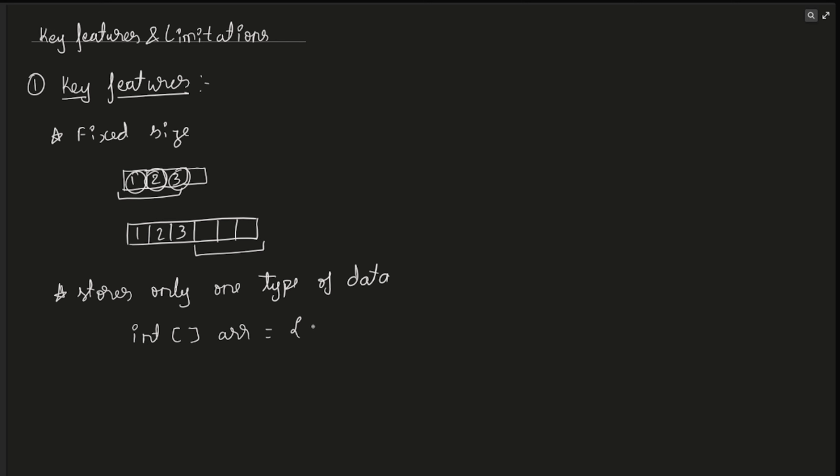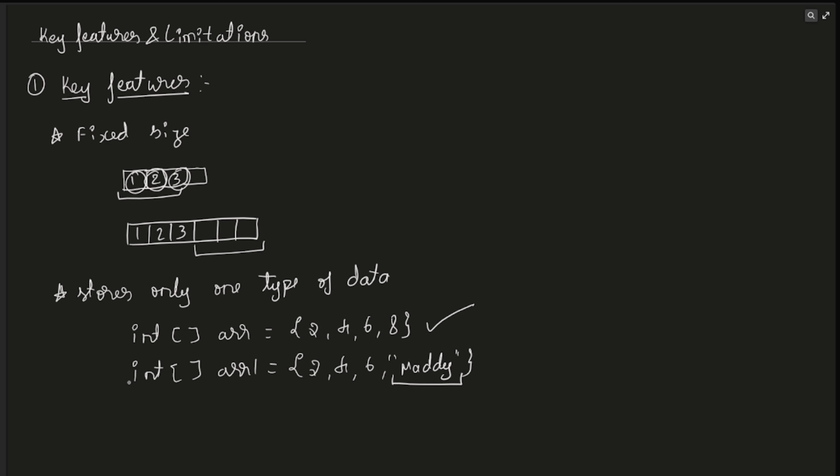We can only have 2, 4, 6, 8, and so on. This is acceptable. We have one more array, 2, 4, 6, and this throws an error because we are trying to store a string into an integer data type array. This is not possible.